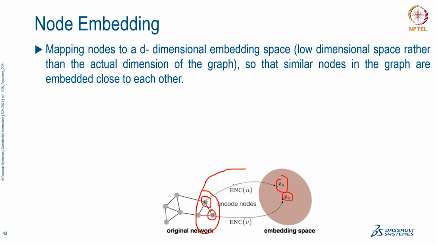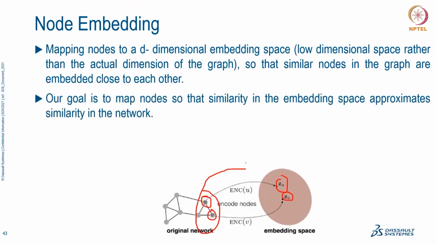Now, this similarity can be considered in different ways. We'll go briefly over that after this. Our main goal is to map nodes so that the similarity in embedding space approximates the similarity in the network. Graphs are of variable lengths and so on, so we basically want to lower the dimension in such a way that the entire graph structure would be represented similarly in the lower dimensional space as well.